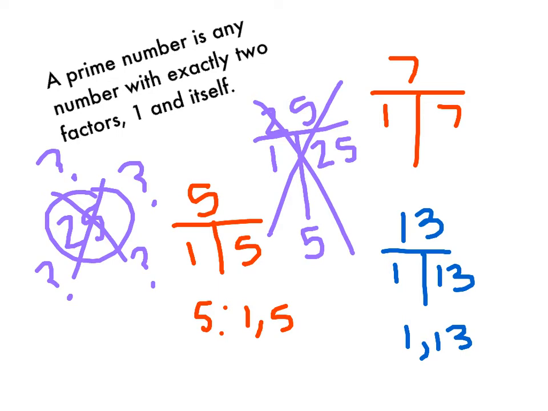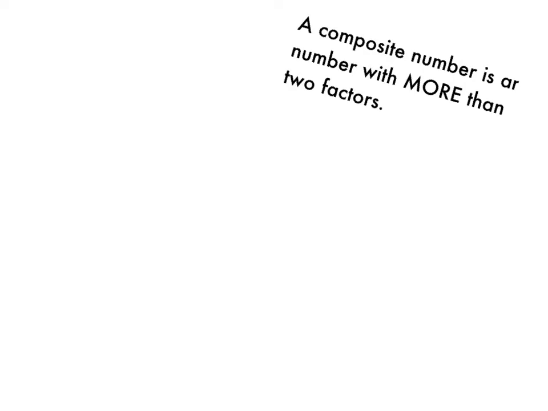Well, good. At that point, let's talk about a composite number. A composite number is any number with more than 2 factors. For instance, 25 that we talked about just a second ago is going to have 1 and 25 and then 5 times 5. So that has more than 2 factors.